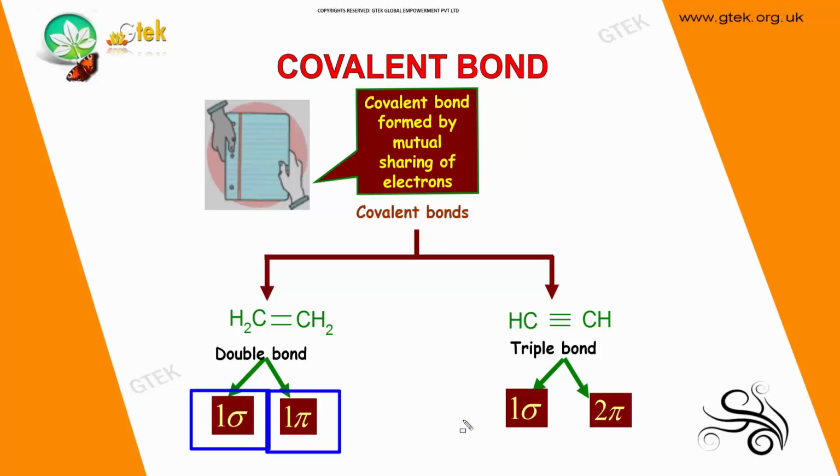Now I'm talking about the sigma bond. Sigma bonds are the strongest type of covalent bonds. They are formed by head-on overlapping between atomic orbitals. A sigma bond is most simply defined for diatomic molecules, which is used in symmetry groups.